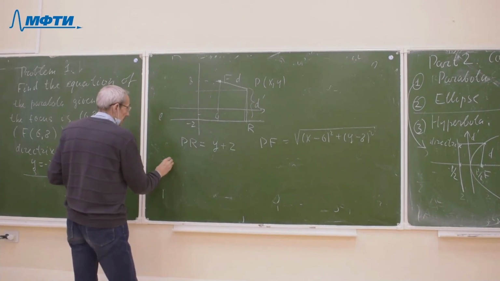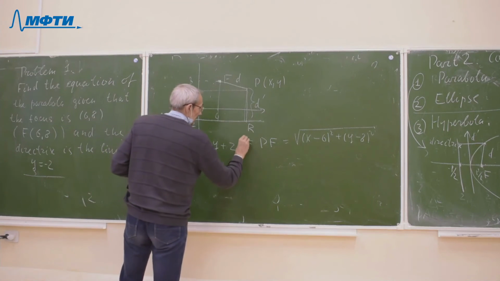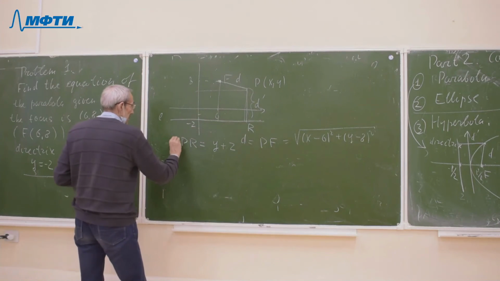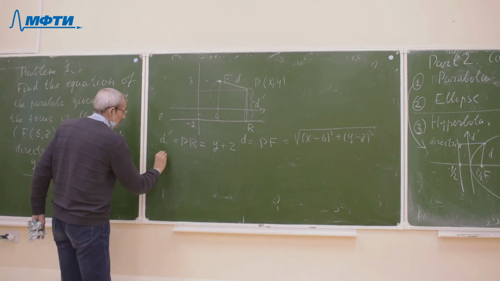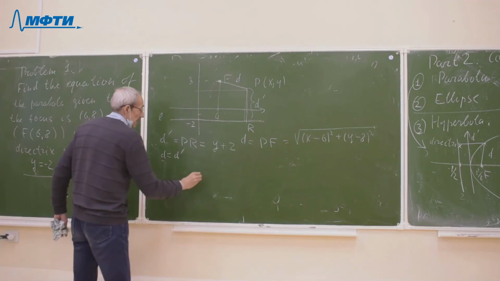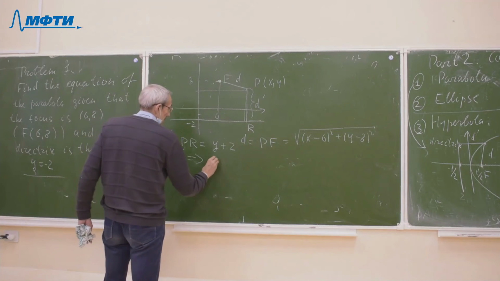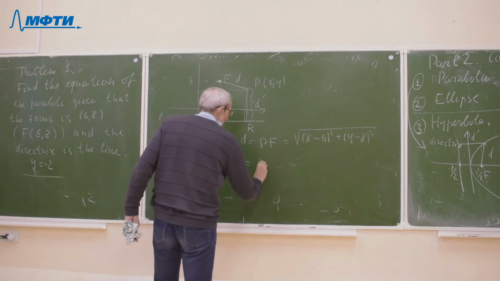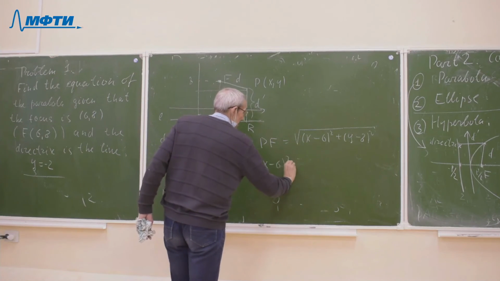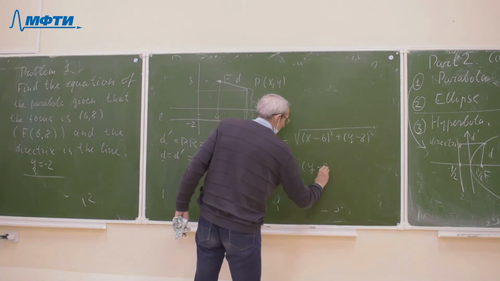And we have this distance is equal d, and this distance is equal d prime. And d is equal d prime. So (y plus 2) square is equal (x minus 6) square plus (y minus 8) square.